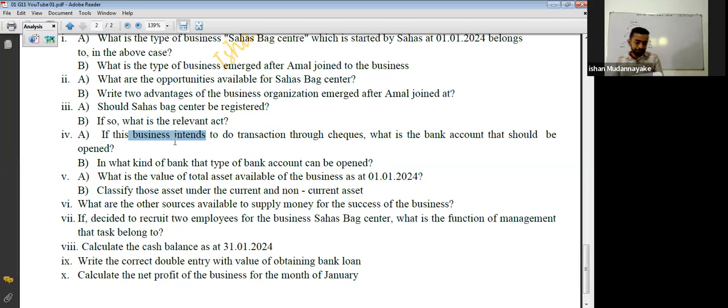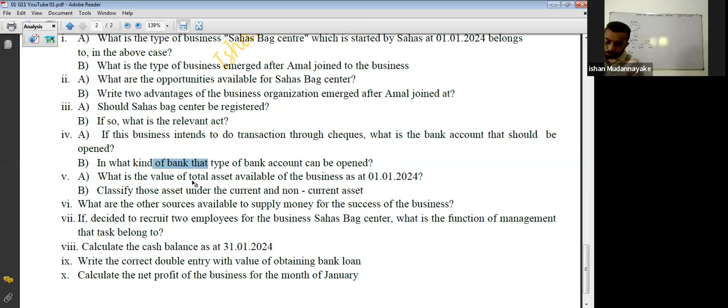B, in what kind of bank can this type of bank account be opened? A commercial bank. What are the examples of commercial banks? Bank of Ceylon, People's Bank, HNB, Sampath Bank, DFCC Bank, Commercial Bank in Sri Lanka.